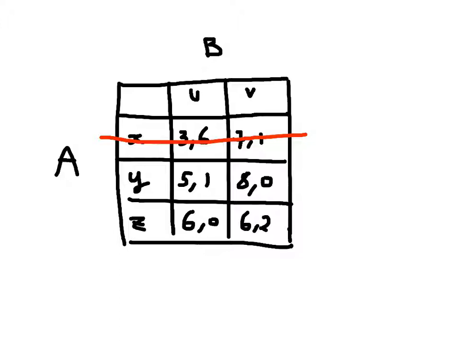But now once you have done this, there is no way to continue to further delete strictly dominated strategies. If you now focus on player A, knowing that player B knows that player A will never play strategy X, is there anything that player A can do? As it turns out, there is no strategy of player B that is strictly dominated.